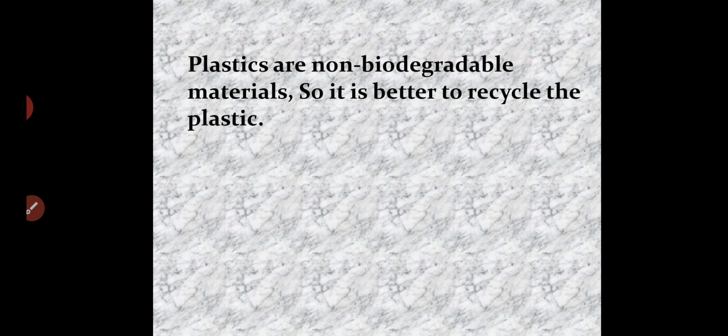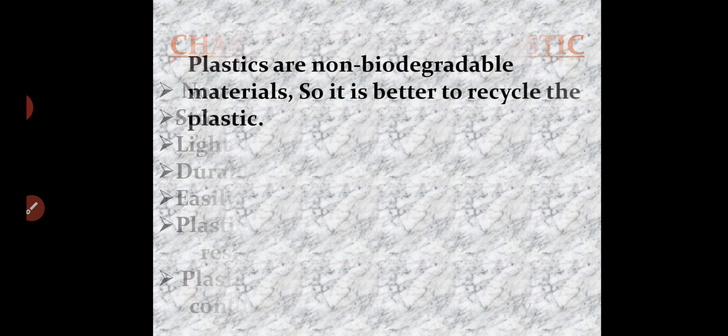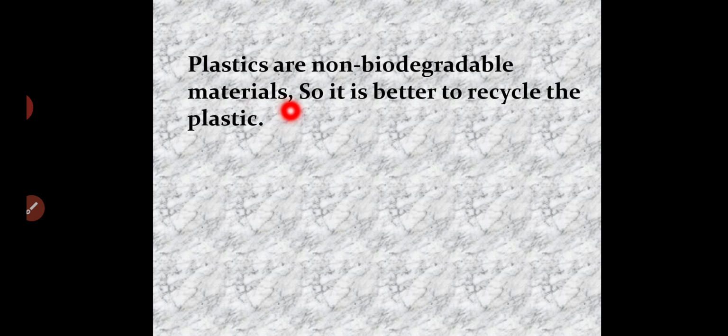Now the next thing is plastic is a non-biodegradable material. Even though there are many good things about plastic, some harmful things are there too. The plastic is a non-biodegradable material. For example, if you throw vegetable peels or fruit peels in the soil, after some days they will disappear, right?